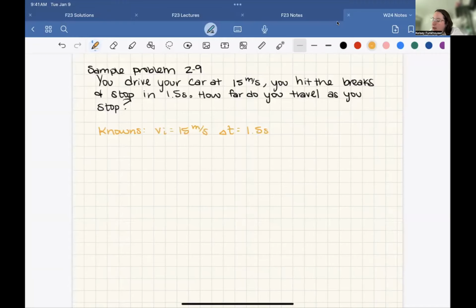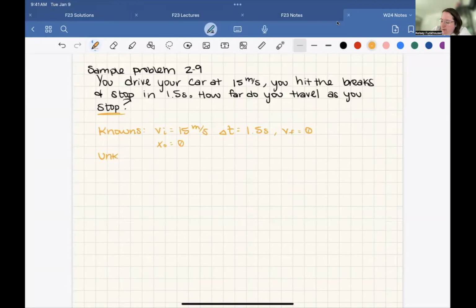And then one thing that isn't explicitly said but is implied is that the final velocity is 0 because we're coming to a stop. And we can also define our initial position as 0, just because we have the freedom to be able to do that. And it's good just in case we need it.